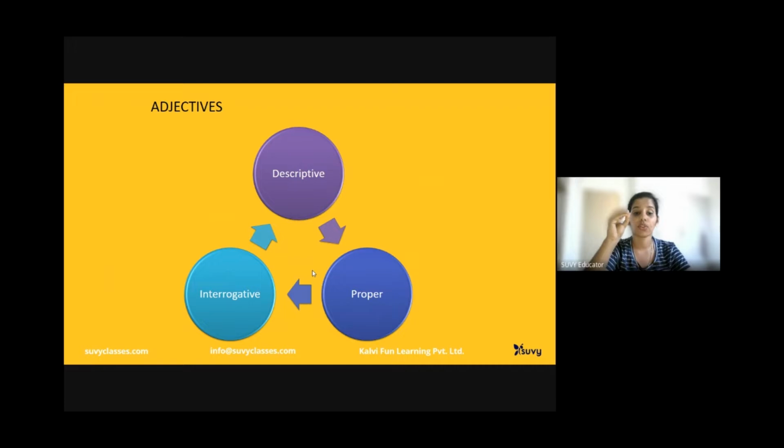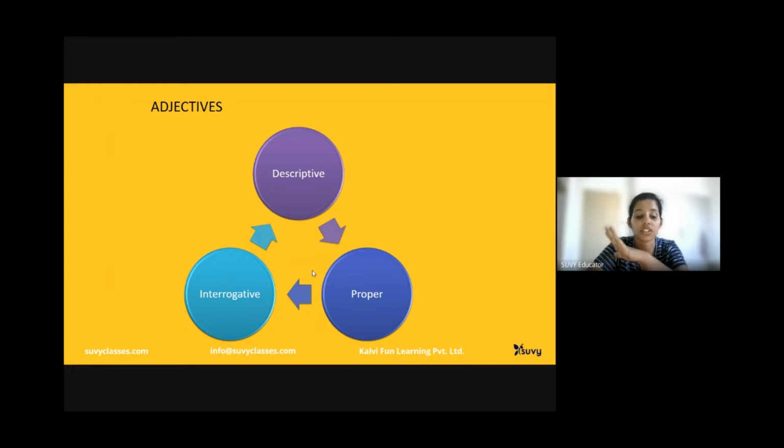In the same way, for example, I can say, we all ate an Italian pizza. So now, Italian is derived from a proper noun. Italy is a proper noun. So this adjective is coming from a proper noun. So Italian becomes a proper adjective. Okay? So it's all clear.